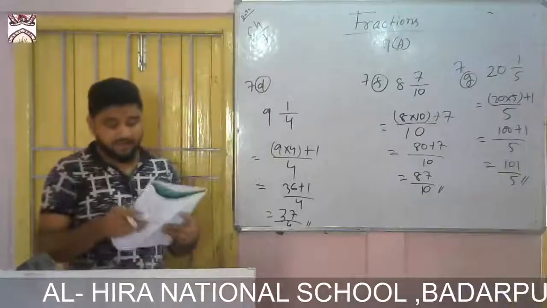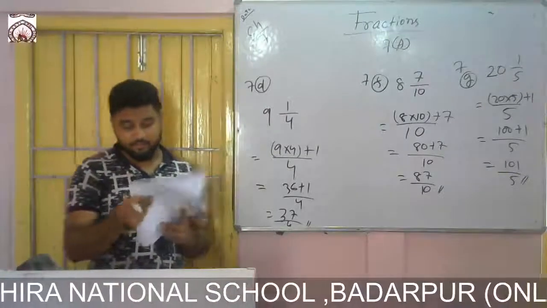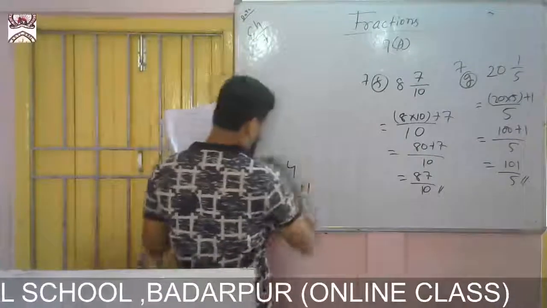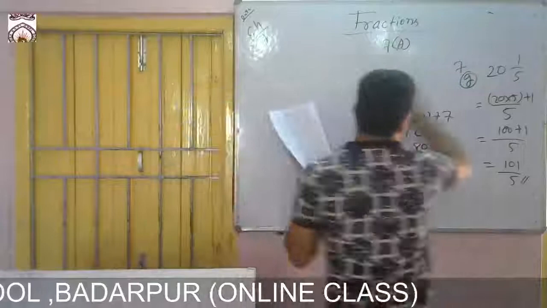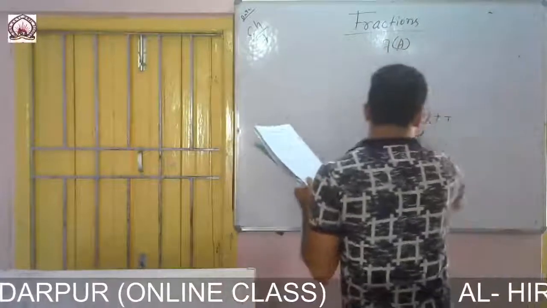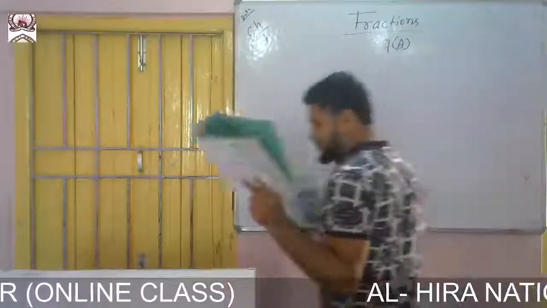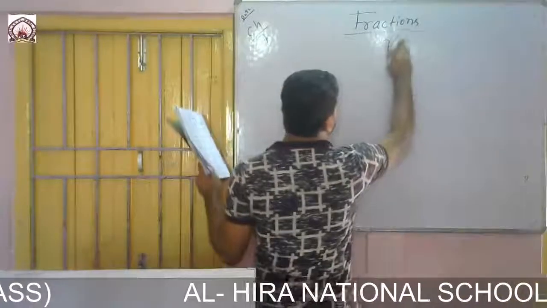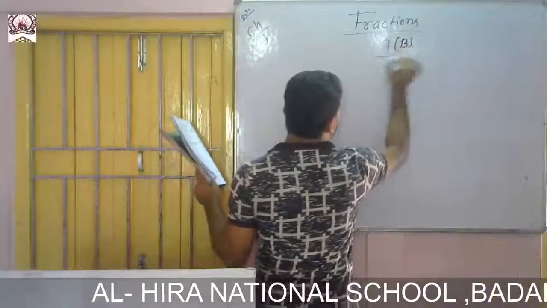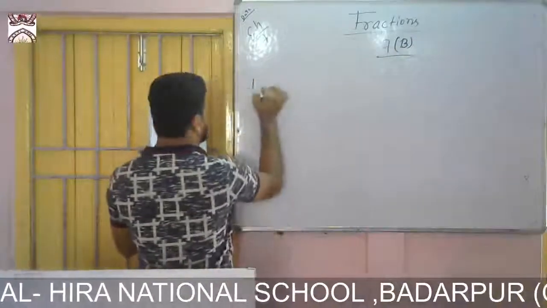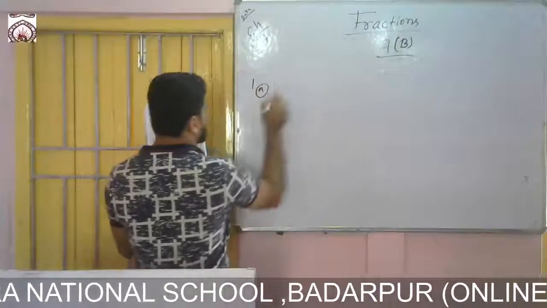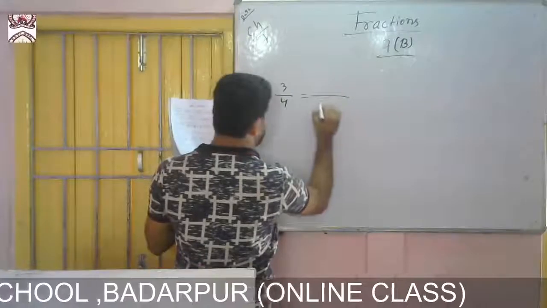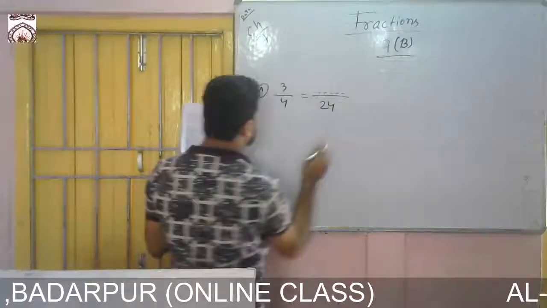So here you see exercise 7B. Number 1, what is there? 3 by 4 equals 24 by a blank.